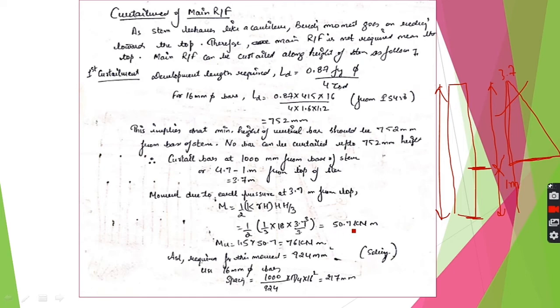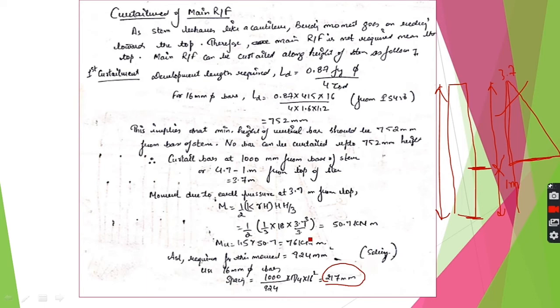Mu is 76 if you multiply it by 1.5, calculating the design moment. So the Ast required is 924. Using the same 16 mm dia bars, we calculate the spacing as 200 mm.